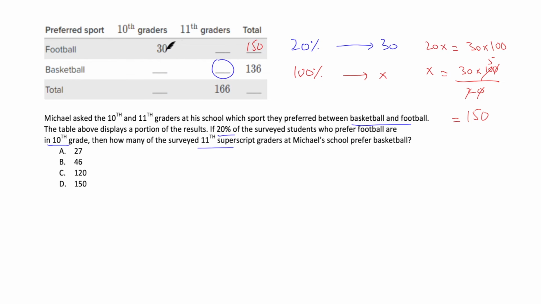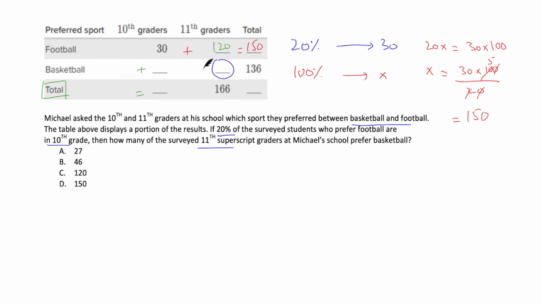Now you know that 30 plus this number equals 150, so you can easily calculate this number as well. 150 minus 30 will give us this number. That is 120. So 30 plus 120 equals 150. Now we have a total row here as well. So this number plus this number equals this number.